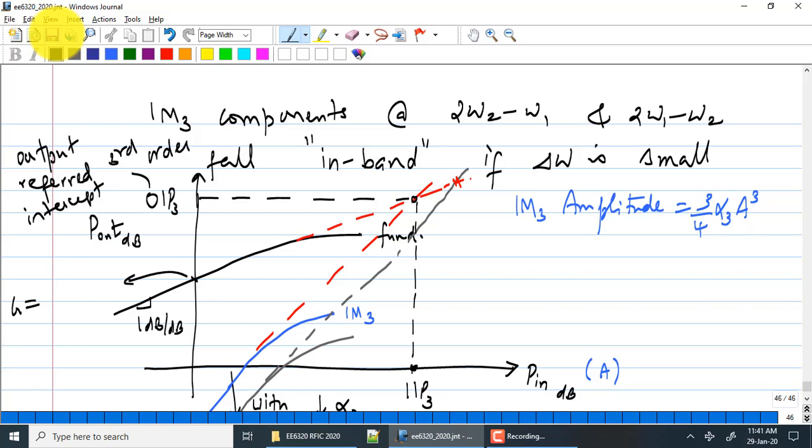Now when you design a real amplifier, you may find some small asymmetry between the two halves because the amplifier itself may not have a flat response. So you may see slight power differences between the two. That will give you some slight differences in IIP3 depending on whether you take the 2 omega 1 minus omega 2 component or the 2 omega 2 minus omega 1 component. It should be very slight.